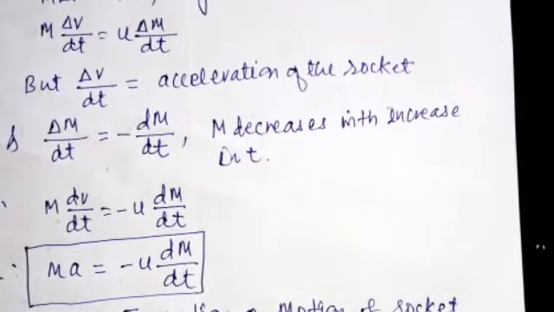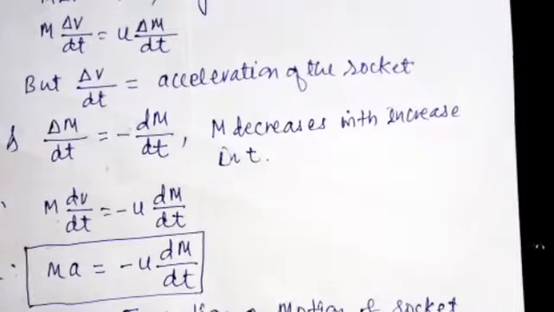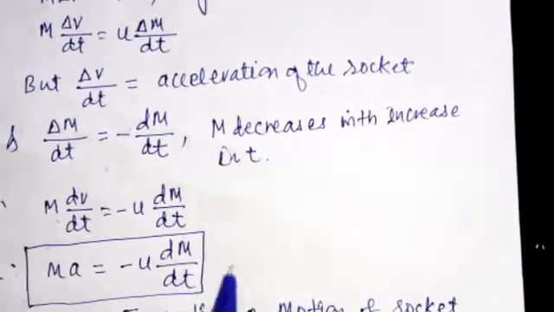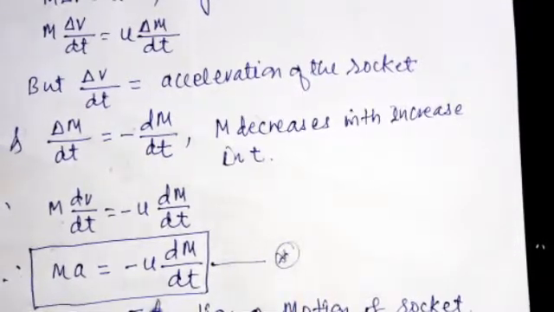Okay friends, up to this point you have to understand how we can determine the equation of the rocket. So the RHS term of this equation of motion of the rocket is the rocket thrust. So we will determine this value and substitute into this equation.